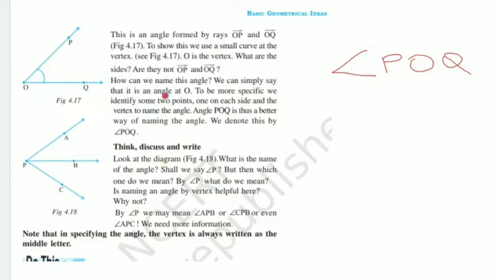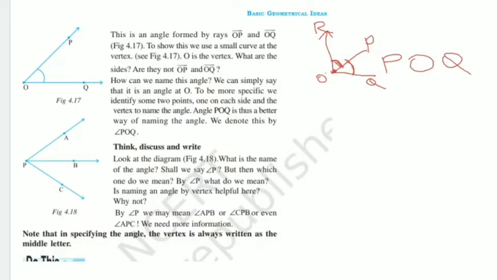Okay. Now supposing we have another ray going like this. We said this is OQ, this is OP. Let this be OR. Then how will you name this angle? This angle we said is POQ. Now how will you name this angle?